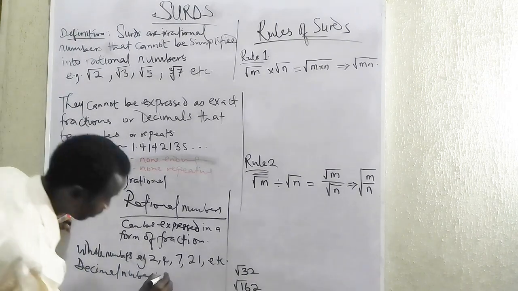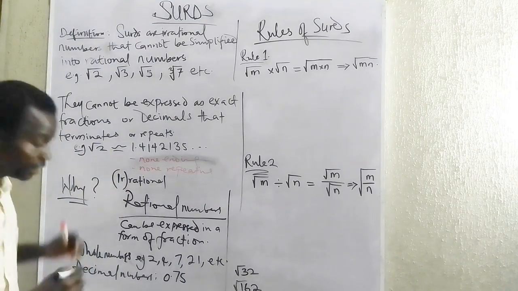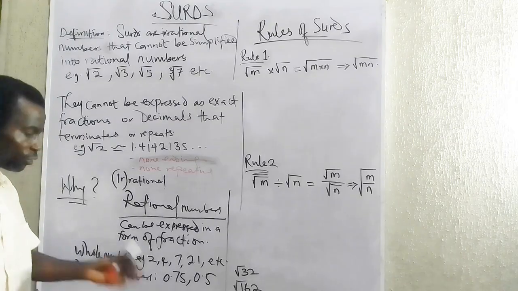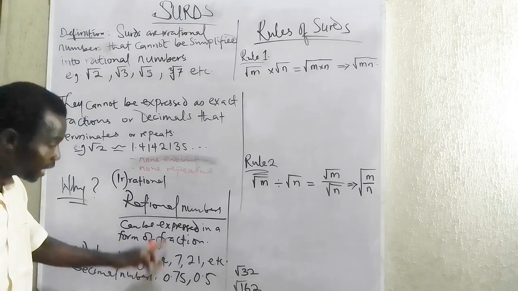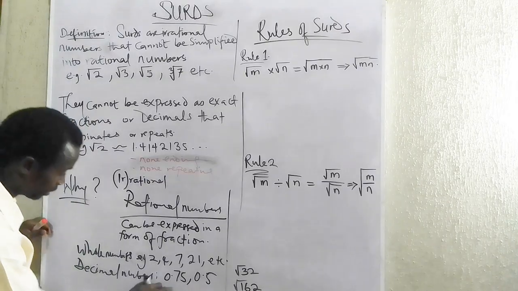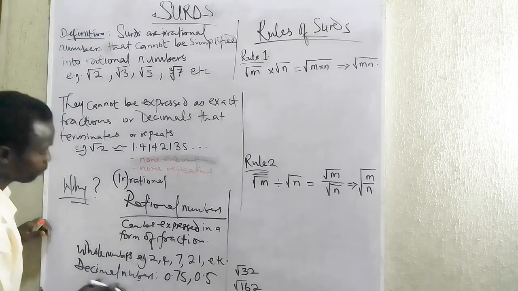For example, 0.75 is a rational number. 0.5 is a rational number. Now you ask me, how is this one? It can be expressed in fraction. Now let's do it. What is 0.5? 0.75.